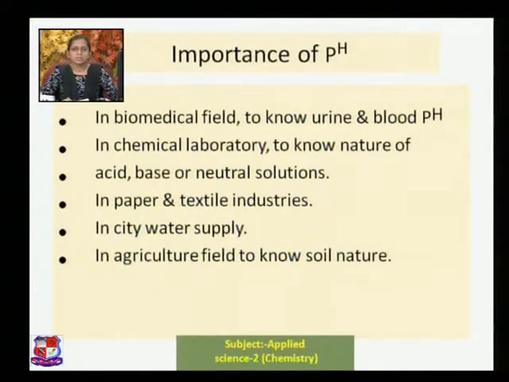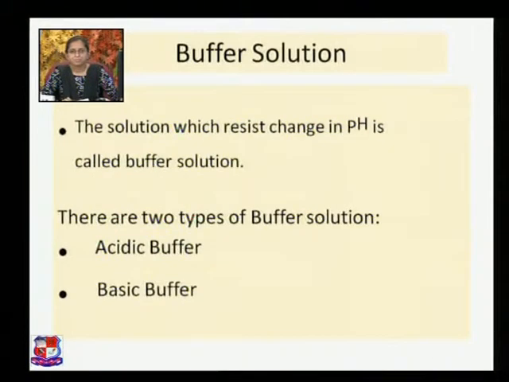In city water supply, we always check the water pH, because domestic water that we are using has to be taken care of before sending it to the cities. Now in the agriculture field, knowing the soil nature is also very important before planting the crops. So there, knowing the soil pH is very important before planting our crops.